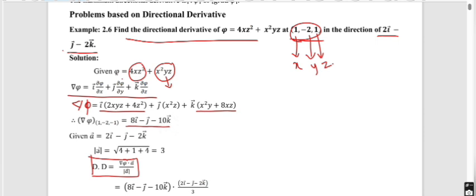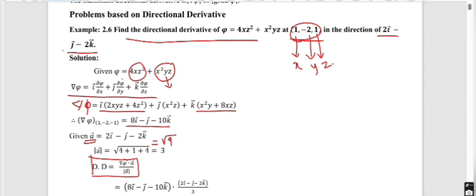Then a vector is given, that is a vector equal to 2i vector minus j vector minus 2k vector. From this a vector we find the magnitude of a vector, which is the square root of 2² plus (-1)² plus (-2)², that is root of 4 plus 1 plus 4, equal to root 9, which is 3. So the magnitude of a vector is 3.